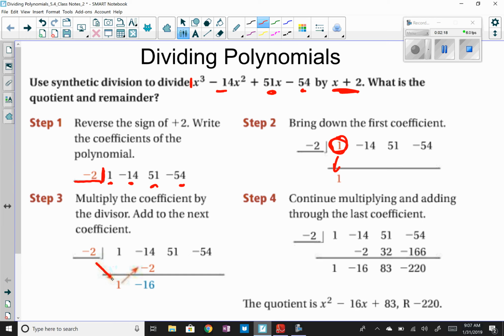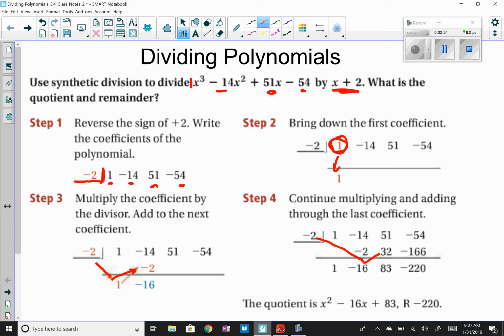So negative 2 times 1 is negative 2, and that goes in this first column. Once you have the column complete, it's adding the column together. So we get negative 16, and now negative 16 is under the line, so we have to multiply negative 2 by negative 16. That gives us 32, and we complete that column and add it together. So 51 and 32 is 83.